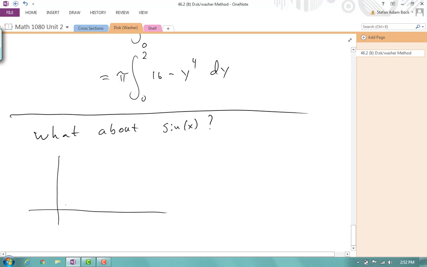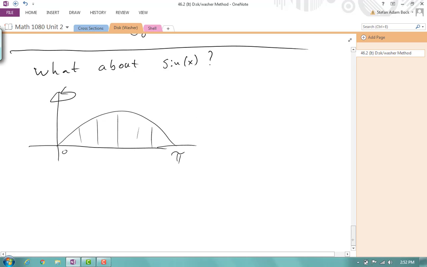Suppose I wanted to revolve the area under sine of x from 0 to pi around the y-axis. That's not so easy to deal with in terms of inverse functions, and so I'm going to have a different technique in order to handle that.